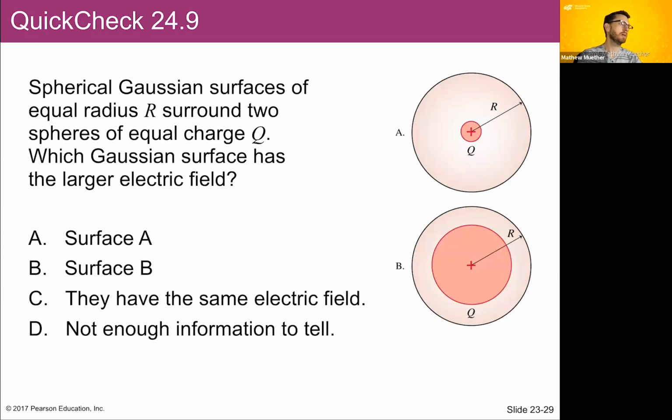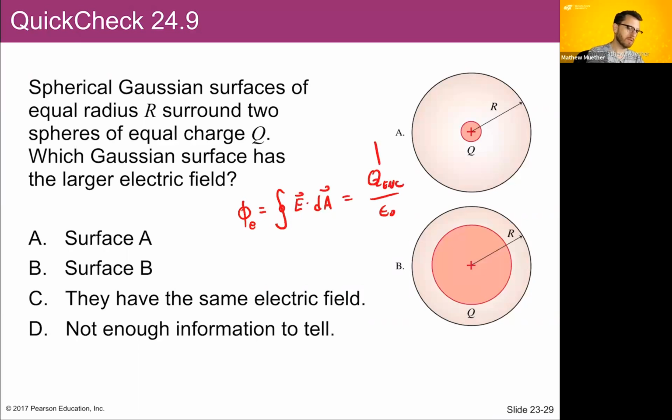Okay, let me go ahead and end the poll, share the results. Most popular answer was that they're the same electric field and some other mix of A and B. Well, let's remember Gauss's law tells us that the total flux, which I could integrate the electric field over these little surface areas, right, over these tiny little surface area windows that spread across the surface, has got to tell me about the total enclosed charge over epsilon naught.